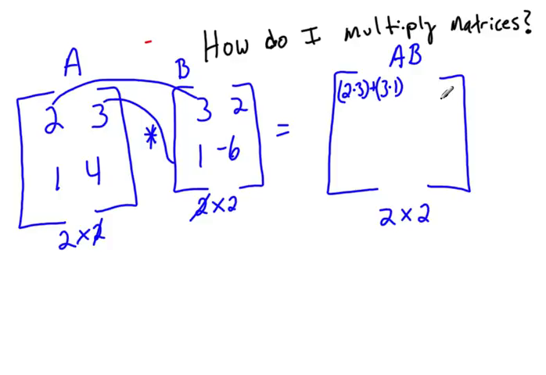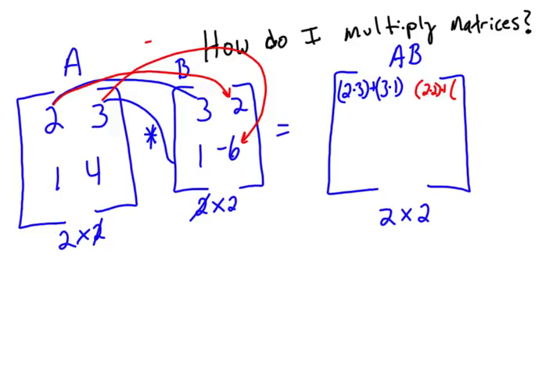Now let's go over here to this second element. Again, row information from matrix A, and this time we're going to go from the column 2 information in B. So what I'm going to do is I'm going to multiply 2 times 2, and add that to 3 times -6.